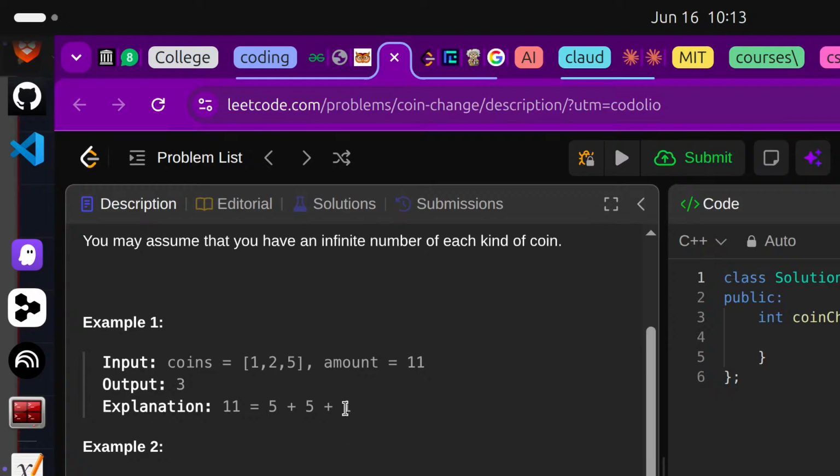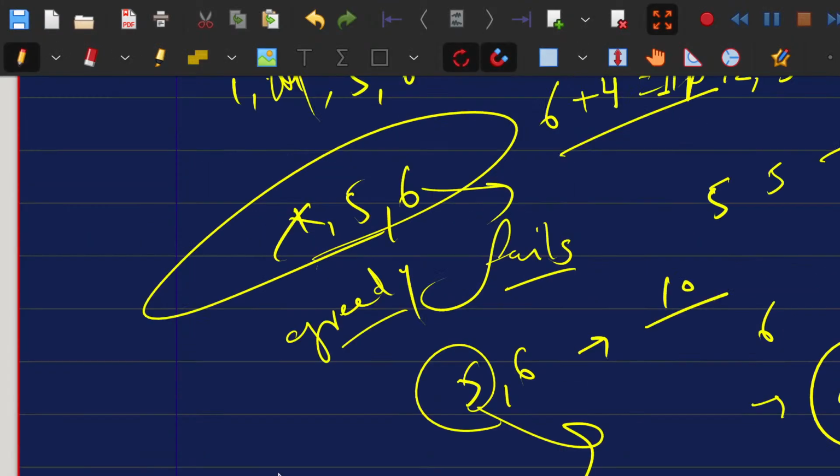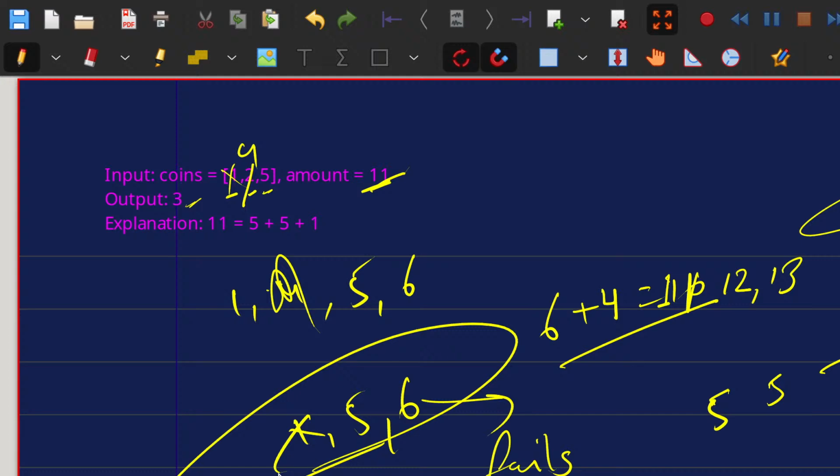So guys, let's take again this example. Now we have that. So how can we solve this? We have coins 1, 2 and 5, and we have target 11.